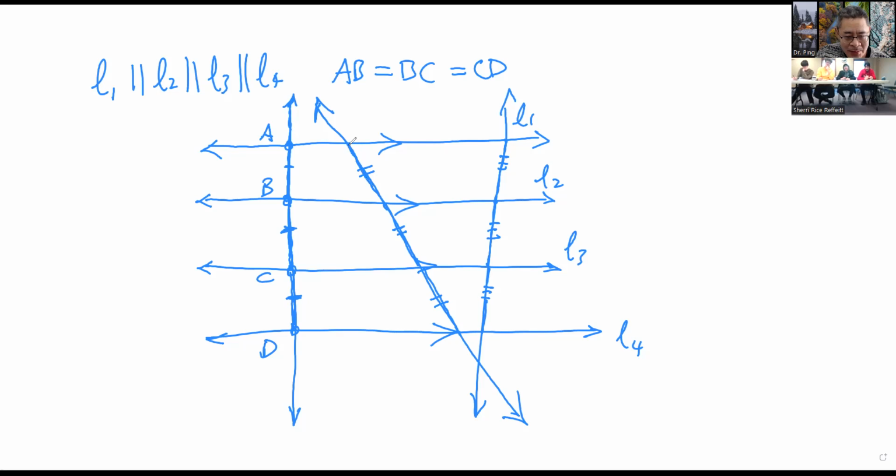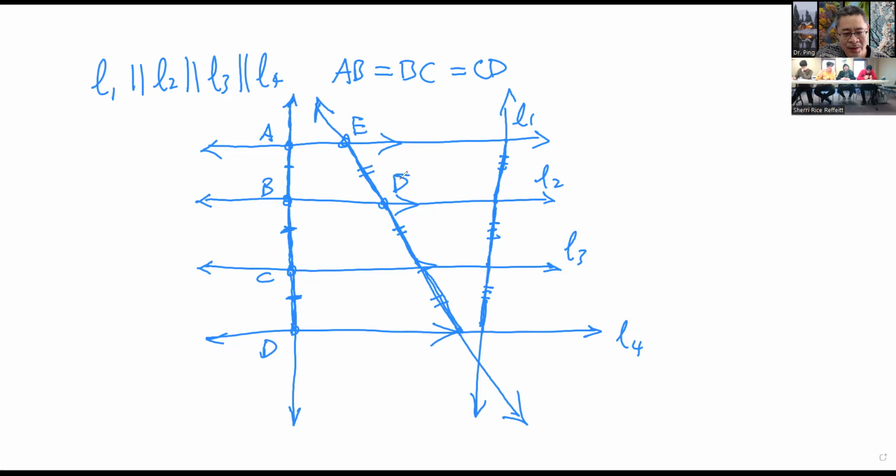true. That means this segment is congruent to this segment, is congruent to this segment, or this is congruent to that or that. So let's give a letter to it, so we just pick this line as an example.